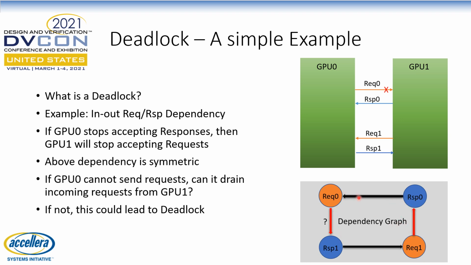So once it enters the state where response 0 is blocked, and request 0 gets blocked, that in turn will block the response 1, which in turn will block the requests, and basically everybody will wait for each other and nobody will make any forward progress. This is the state of deadlock.